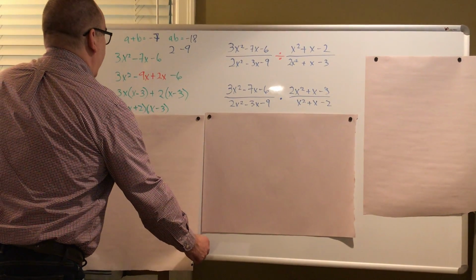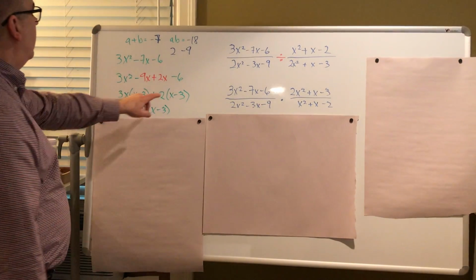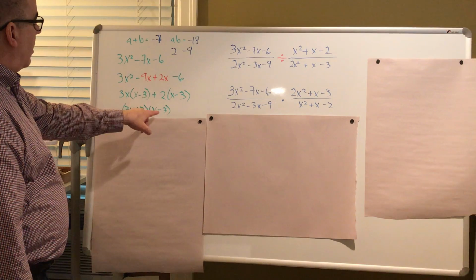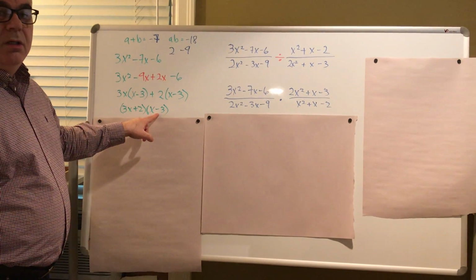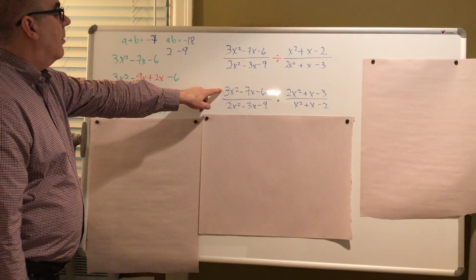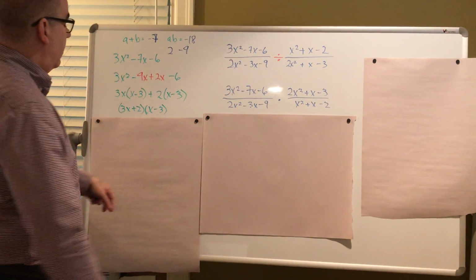When we take the common factor out of both of those terms, we end up with 3x plus 2, common factor of x minus 3. And so we factored this particular element of our problem.